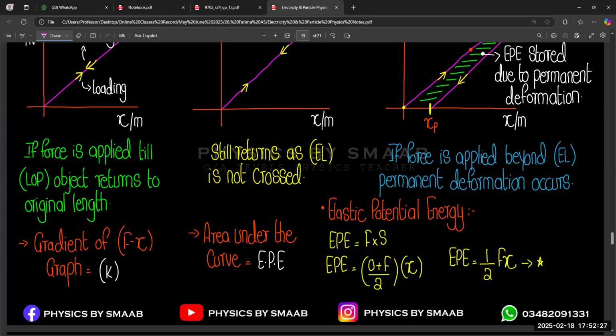And from the formula of elastic potential energy, let's suppose in the place of F, if we use Hooke's law, it will be equal to kx.